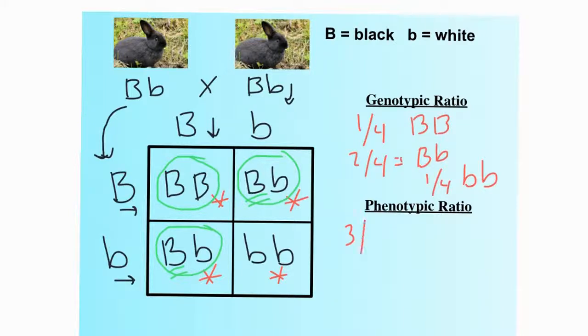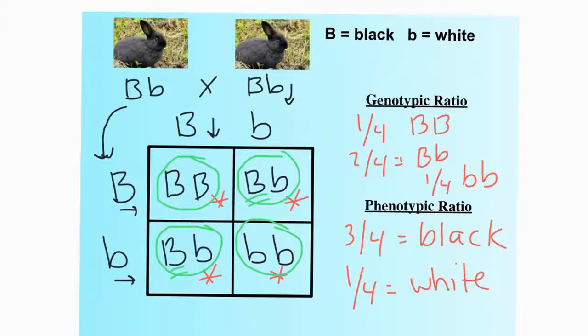So 3 out of 4, or 75%, will have black fur. The last one right here, this rabbit right here, little b, on average, when you mate these two rabbits, 1 out of 4 of their baby rabbits, their offspring, will have white fur.